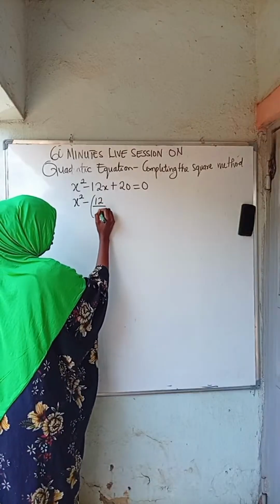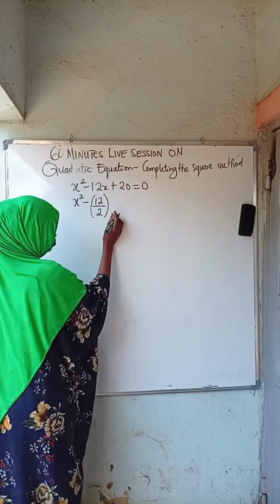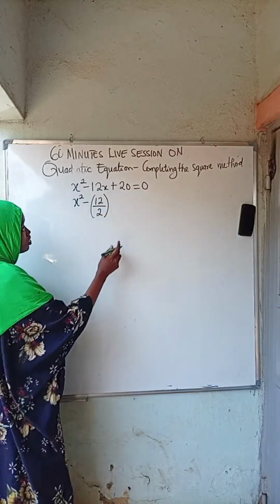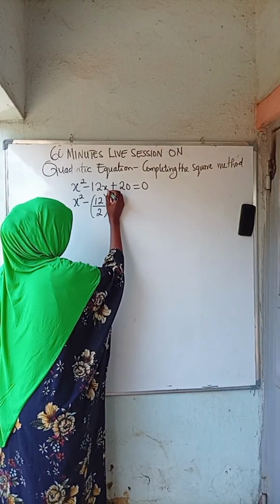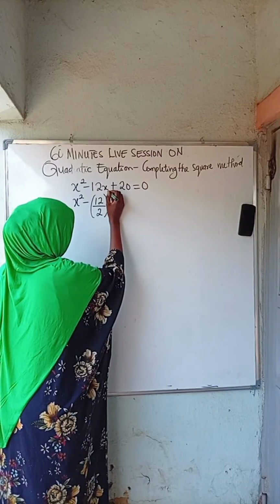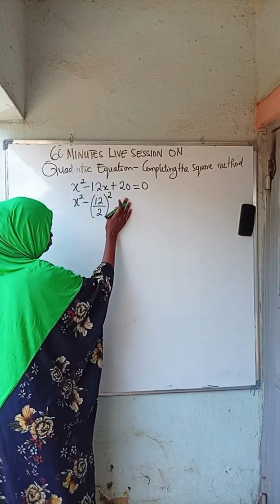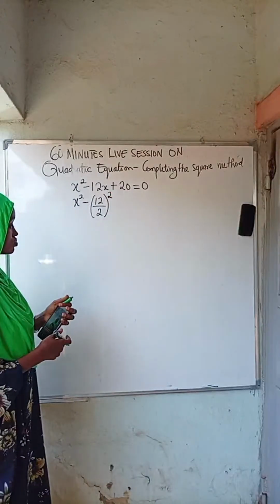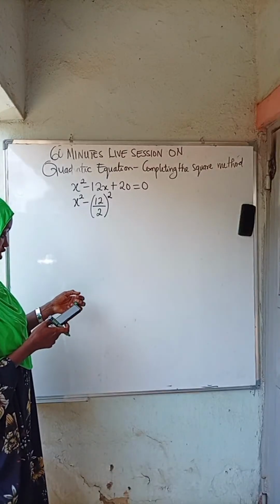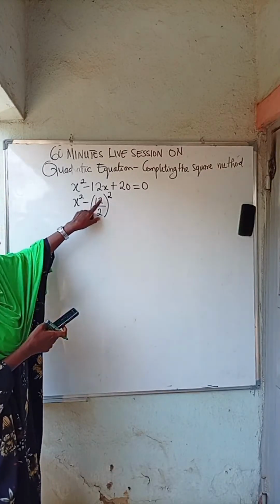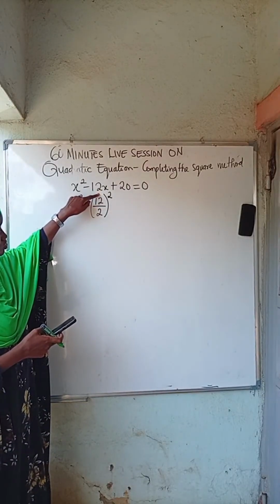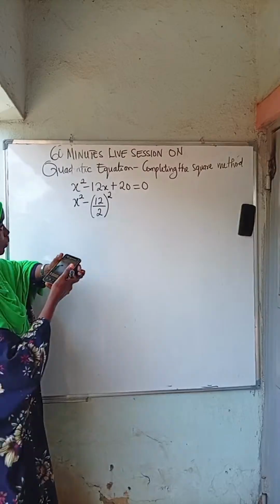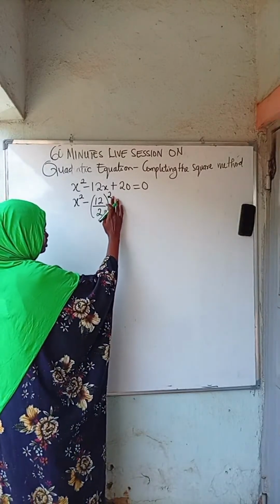We are going to divide the 12 by 2 and take the square of it. I'm going to take the middle term, which is 12, divide it by 2, and take the square of it.